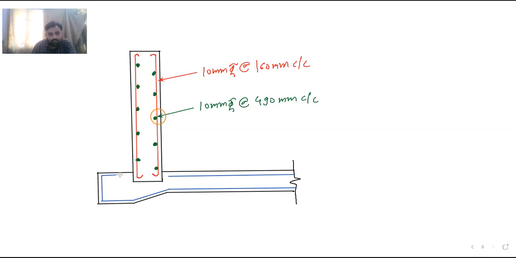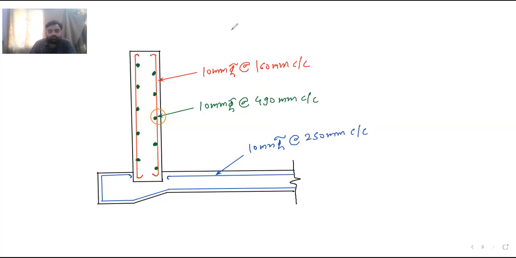Then it will move over here, and then it is anchored at this point. Here also the top bar is anchored. This is your main steel bar, 10 mm diameter, about 250 mm center to center.